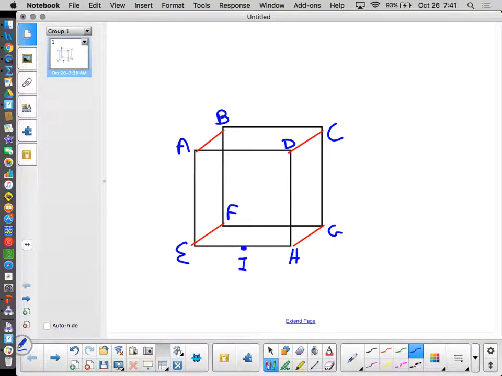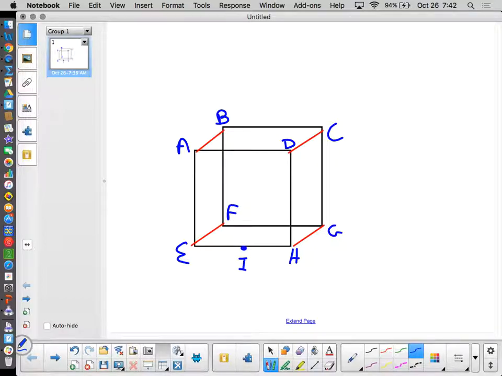What would be a skew line to AD? Skew line to AD. There are a bunch of them. EF, BF. BF would work, EF would work. CG to AD, yep, that would work.